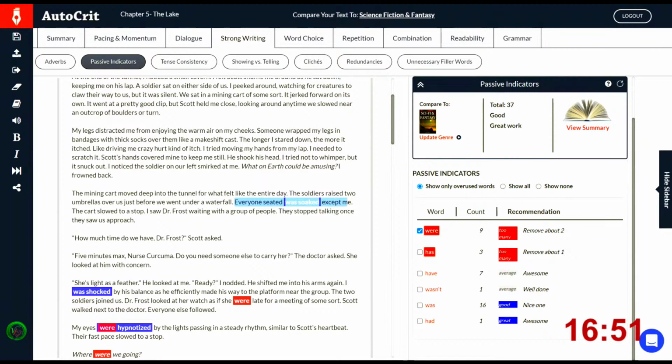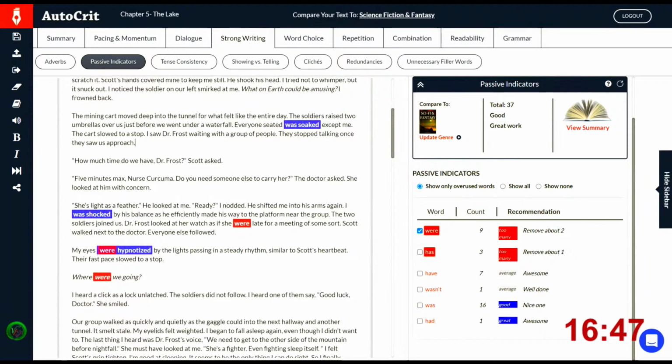Okay, so here's another one. Everyone seated was soaked except me. Under a waterfall. Everyone's soaked except me.